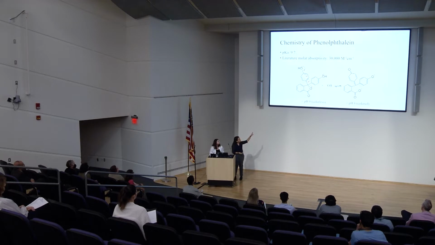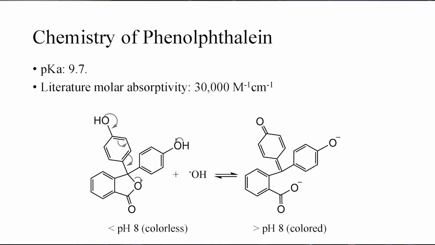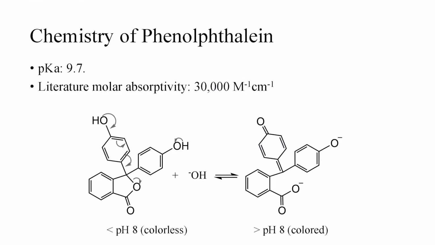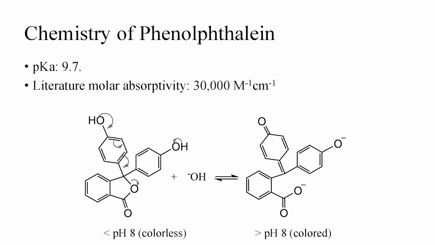The one to the bottom left is going to be the colorless one. That is its main structure. It's that way anywhere when the pH is below 8. Then when the pH is higher, in a more basic solution, it's going to turn to a colored structure. And this is mainly due to a structure change and a gain of a -2 charge.